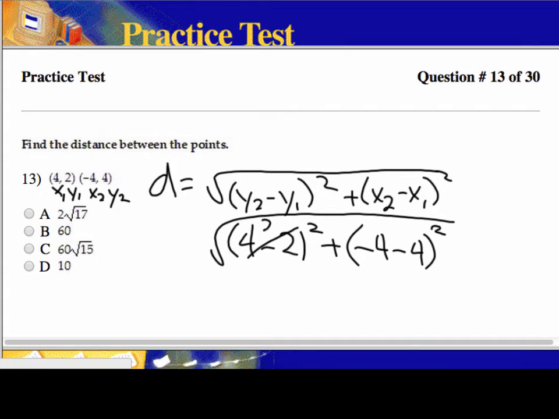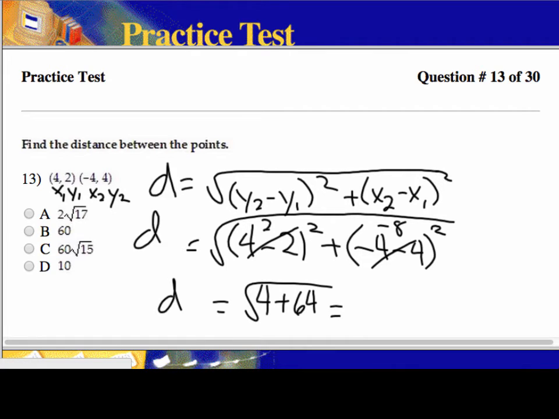This becomes 2 squared, which is 4. This becomes negative 8 squared, which is 64. Now here's an interesting thing. This is equal to 68. And then we got to think: is there a perfect square that goes into that?